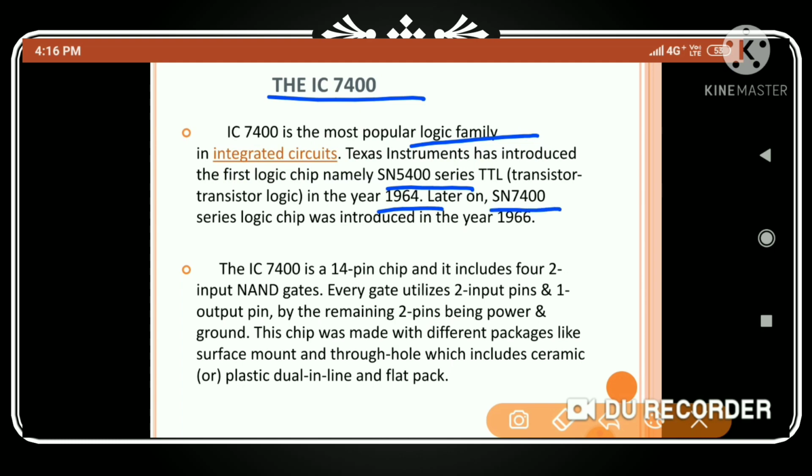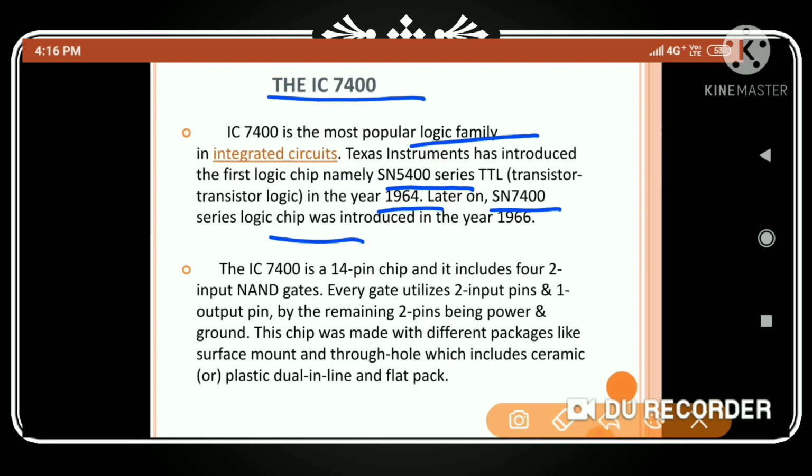Later on, the SN7400 series of logic chip was introduced in 1966. IC 7400 is a very popular integrated circuit designed by Texas Instruments. Texas Instruments is one of the companies in which electronic components are designed.